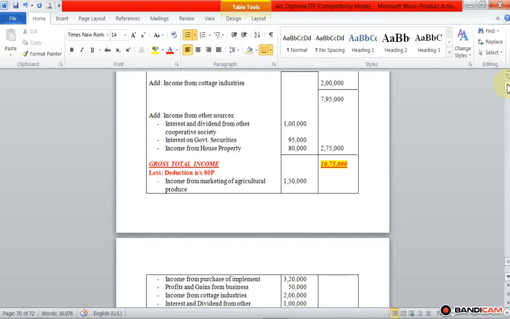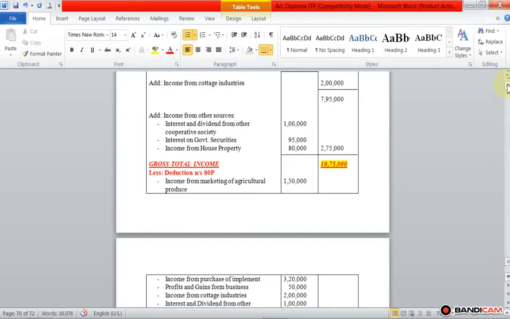Then, whole of the income is allowed for deduction if the cooperative society has earned income from purchasing of implements including seeds, livestock, other articles, and supplying them to its members. Then letting out of godowns, not house, letting out of godowns for storage, processing or marketing. So income derived from letting of godowns is 100% allowed for deduction.